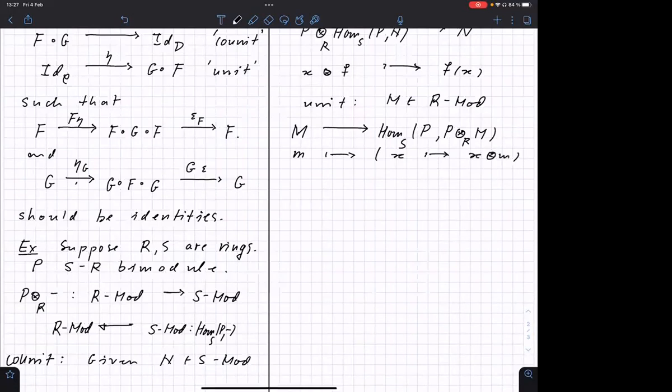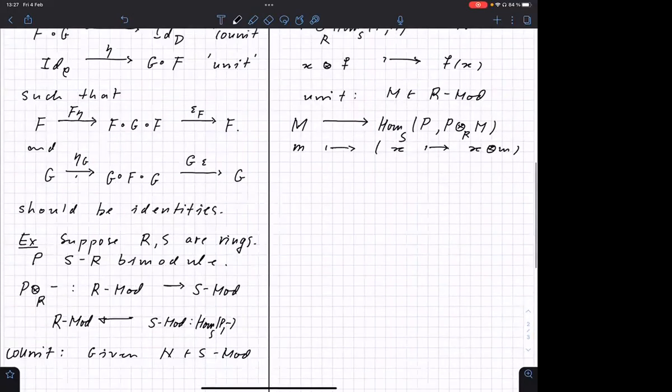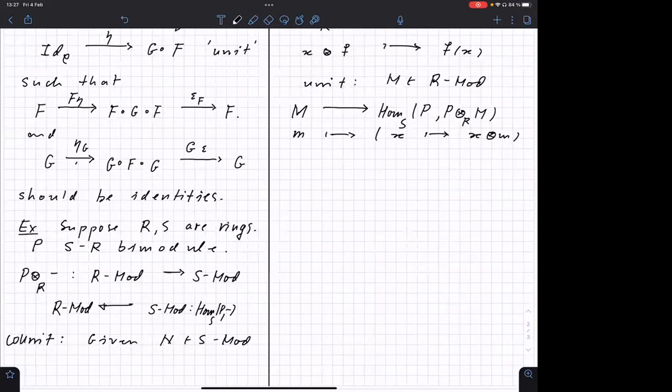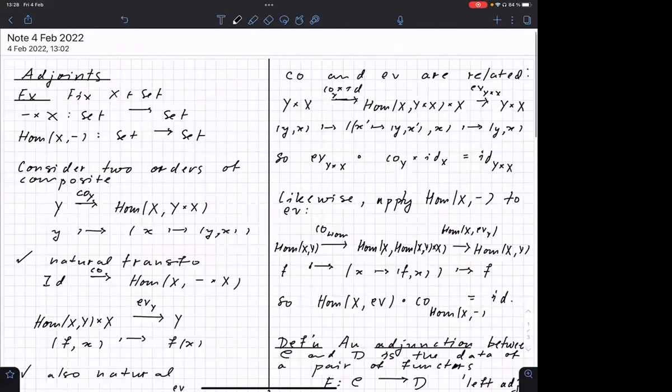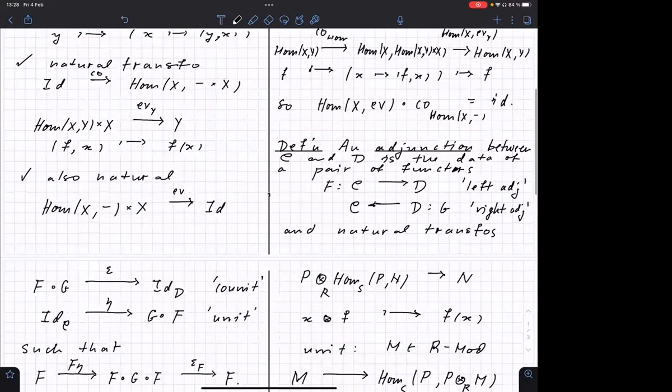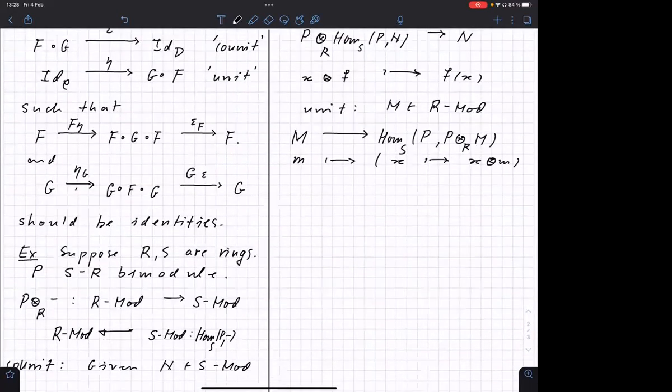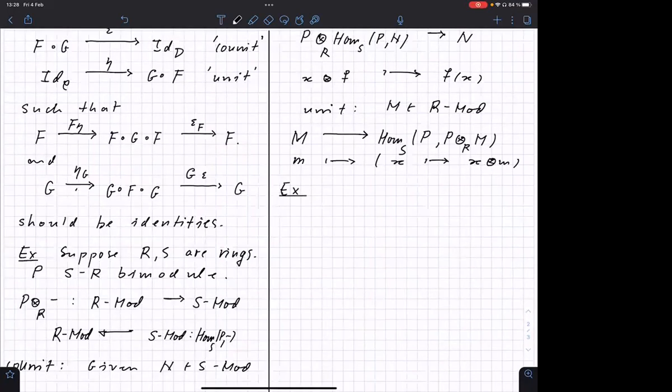Again, you can check that this is R linear, and natural in M. Then using these formulas, in a way very similar to how we checked these identities for evaluation and co-evaluation for sets, you can see that this data forms an adjunction. It's a pair of functors back and forth with these natural transformations satisfying the correct identities. So this is, for us in homological algebra, probably the most important example of an adjunction. Are there any questions about this?